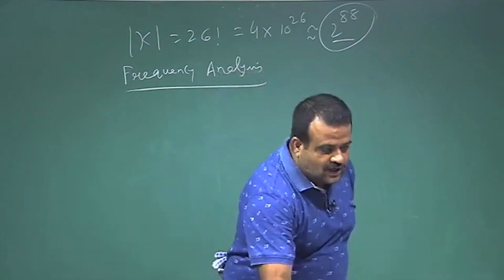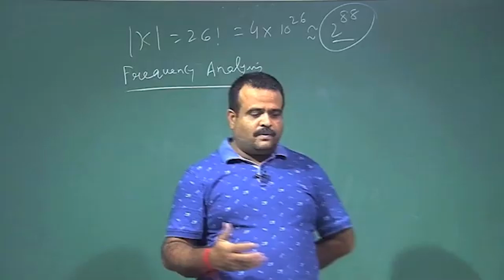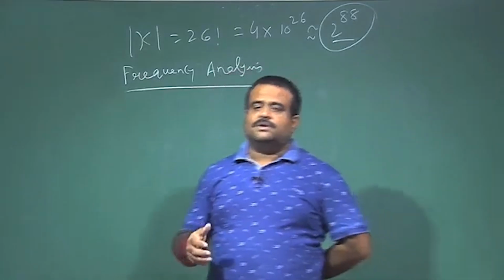Suppose we have a long ciphertext which is the outcome of a long English text, and the challenge is to decipher it, and it is encrypted using a monoalphabetic substitution cipher. I will come to what monoalphabetic is.